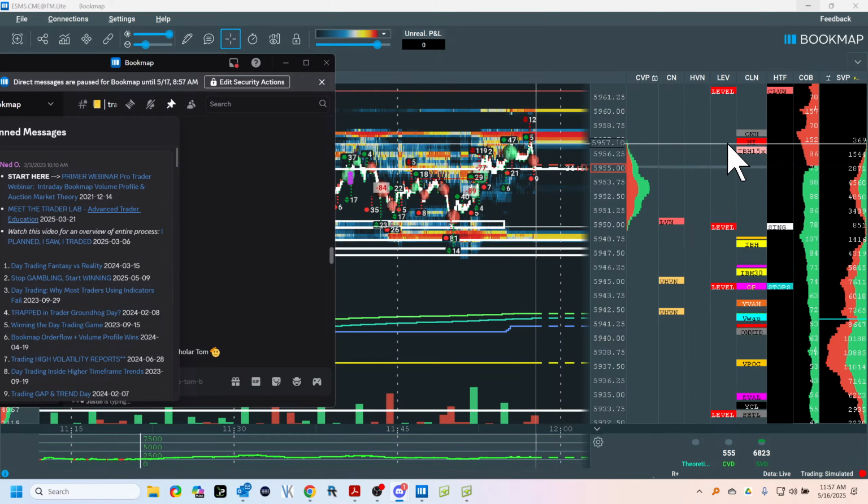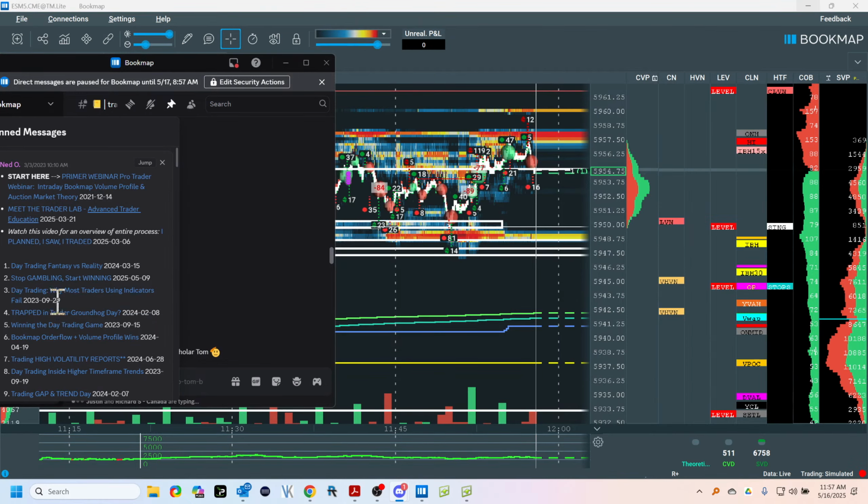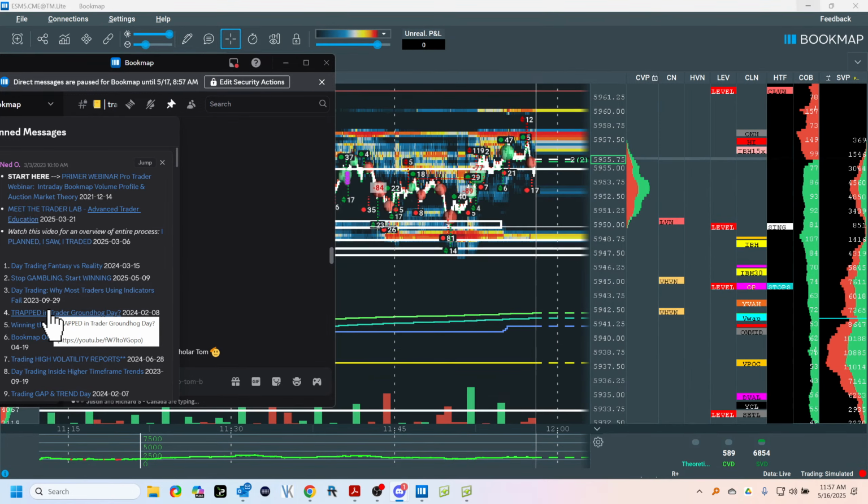Now, I always take my exit a little bit ahead, leave some for the sweeper. And now you can get a counter rotation. Trade could be done right here, and you're back in your Barca lounger. And then this one, trapped in trader groundhog day. That's me. That's where you work hard and you keep tweaking and tuning and you get the same outcome. Still random winning trades. You see what I'm saying? But it's the same issue.